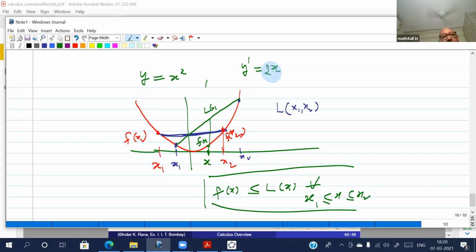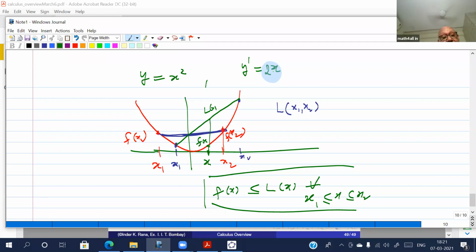So it looks like for a convex function, the derivative should be increasing. It's only a guess. Do you think this is a valid guess? 2x is increasing, but I'm not saying it's the approach.